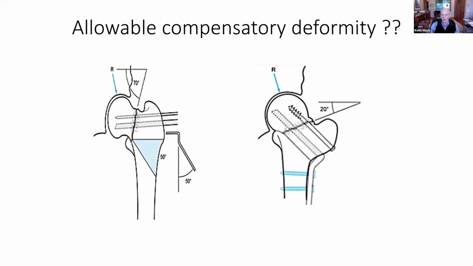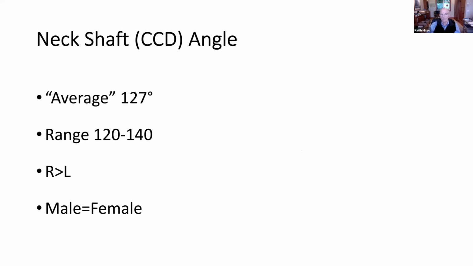And so if you look at some of the series, especially those in which a hip screw is used for the correction, we have very high CCD angles. Well, what is the normal CCD angle? The average is around 127 degrees. The normal quoted range is 120 to 140. Most of the most accurate studies show that the right is slightly higher than the left for reasons which are unclear.